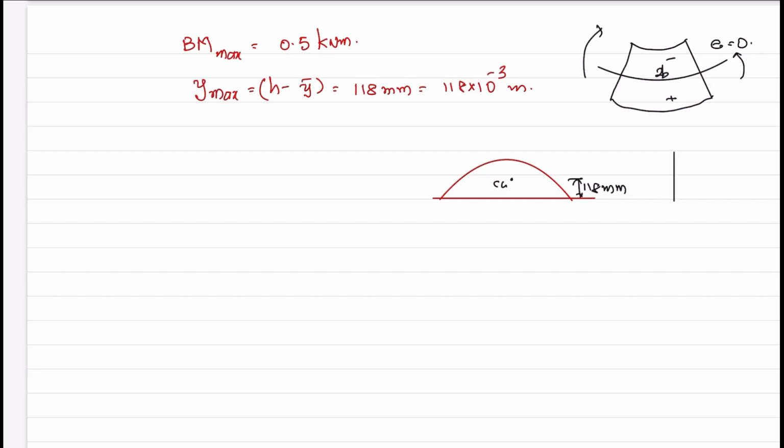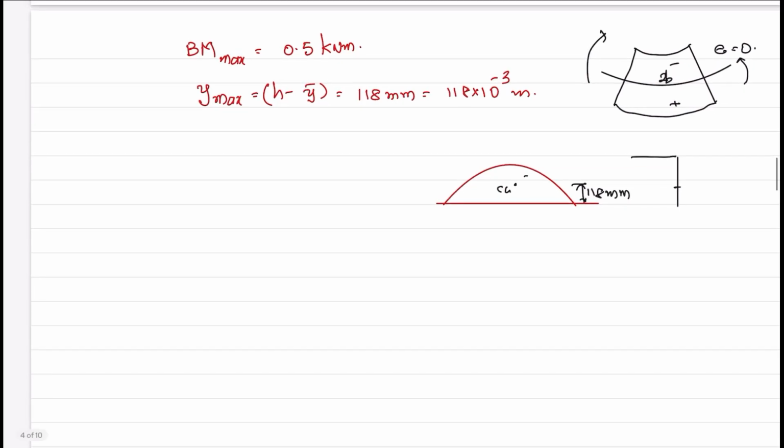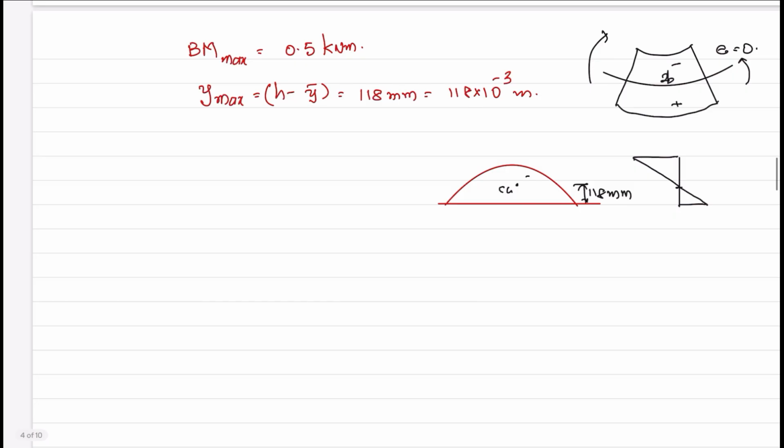Strain will be negative here, that means negative. Center of gravity is here. At the center of gravity the strain is 0. This is minus, compressive strain, this is plus, tensile strain.